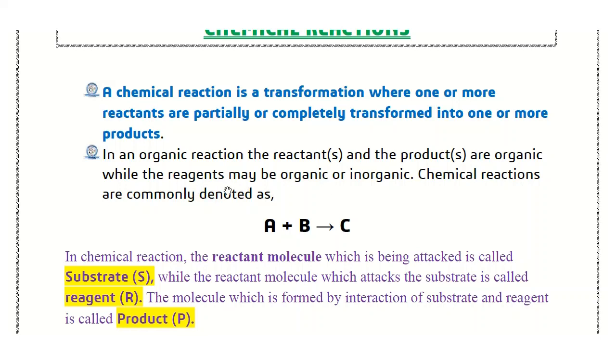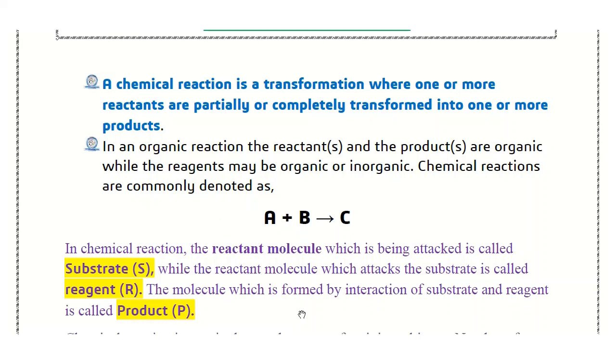The reagent is what is going to attack our substrate molecule, but our substrate must be an organic species, because we are going to cause an organic chemical reaction, and for that our substrate molecule must be organic, while the reagent molecule can be organic as well as inorganic.